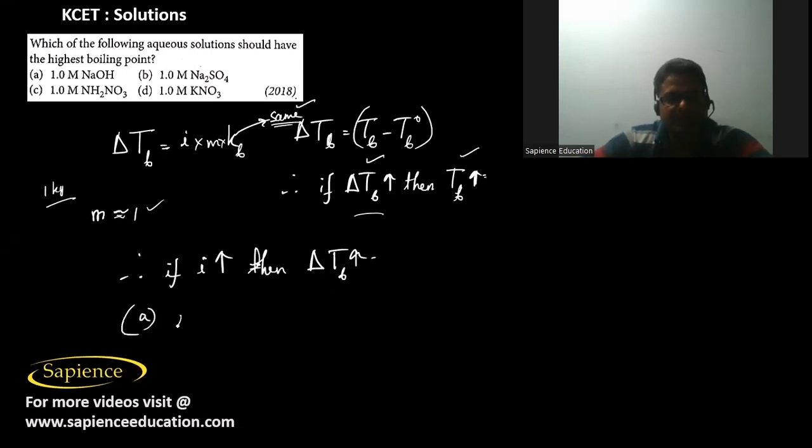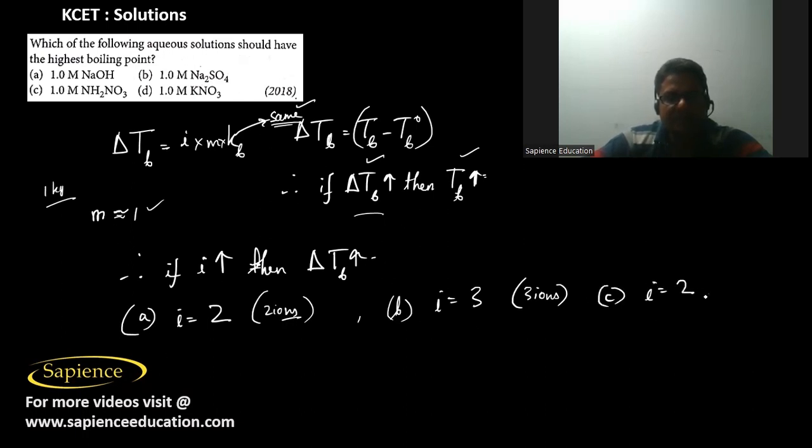Now for option A, the Van't Hoff factor is 2, since it will give two ions, sodium ion and hydroxide ion, in the solution. For option B, the Van't Hoff factor i is 3, since it will give three ions, two Na plus ions and one sulfate ion. In option C, the Van't Hoff factor is 2. It is given wrong; it should be NH4NO3, one ammonium ion and one nitrate ion, so it will give two ions in the solution.